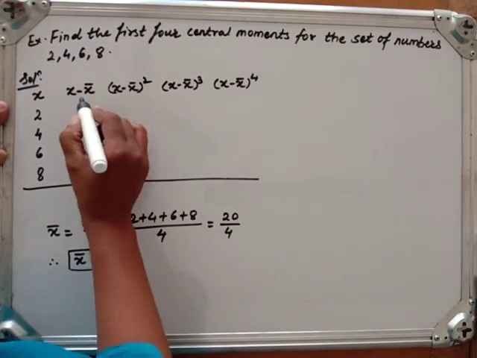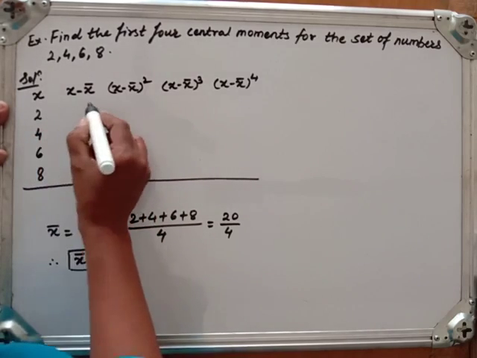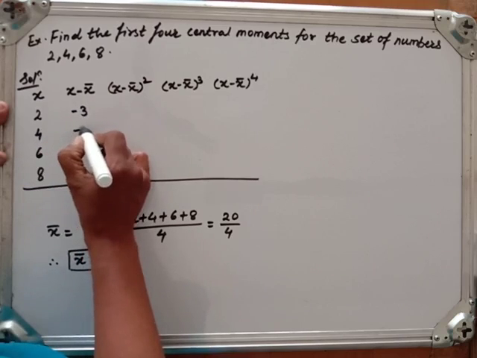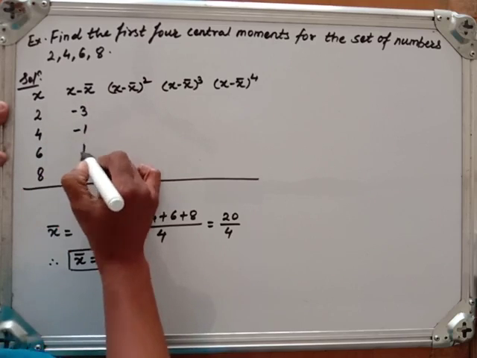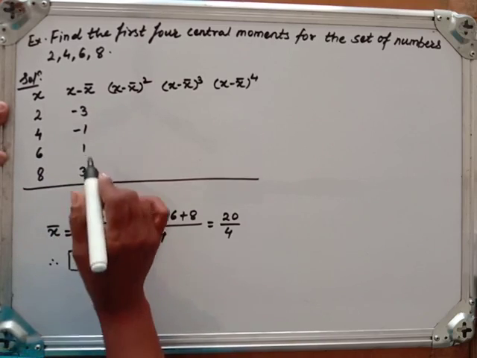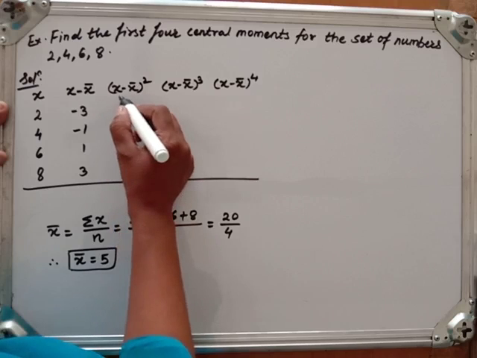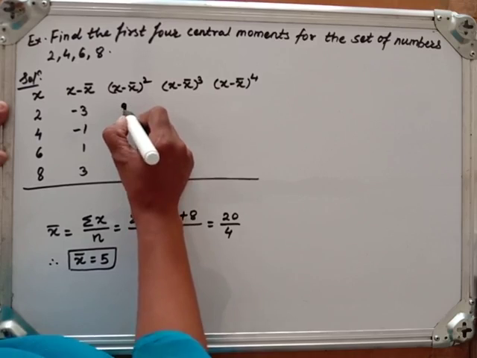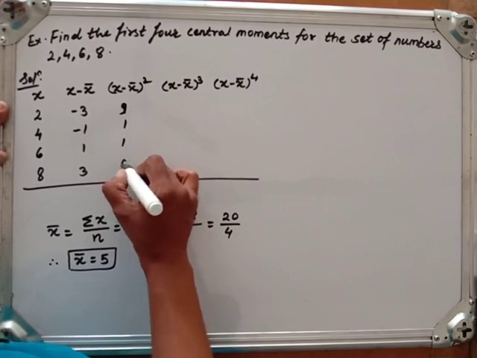So here x minus x bar: 2 minus 5 will be minus 3, 4 minus 5 will be minus 1, 6 minus 5 will be 1 and 8 minus 5 will be 3. Similarly its square: 9, 1, 1 and again 9.